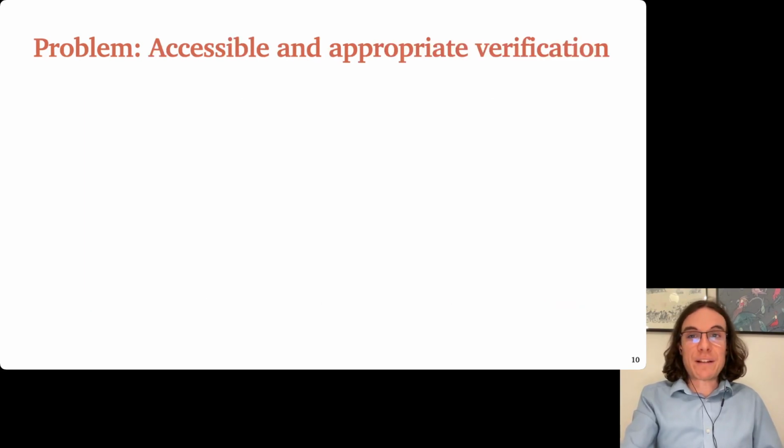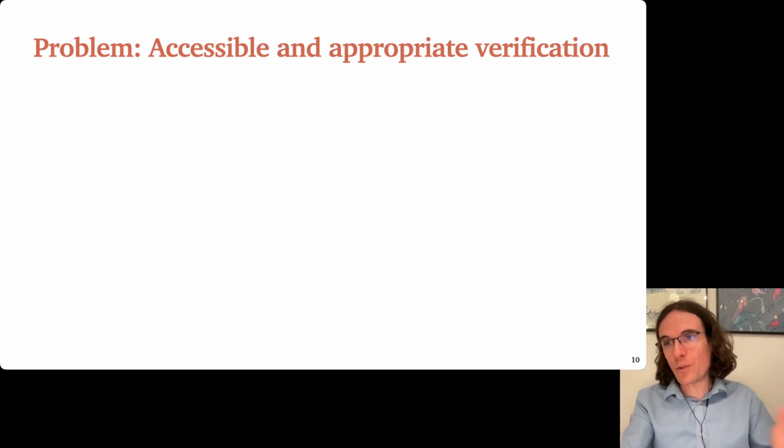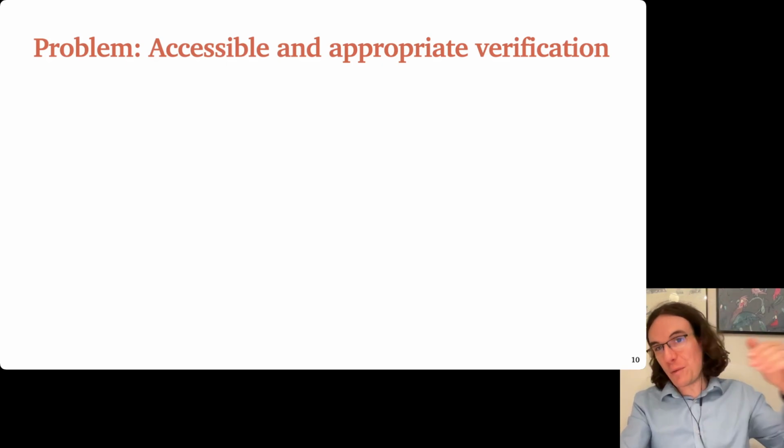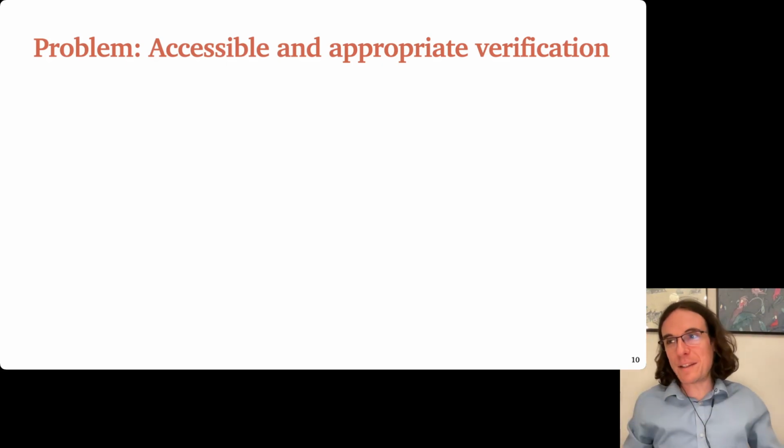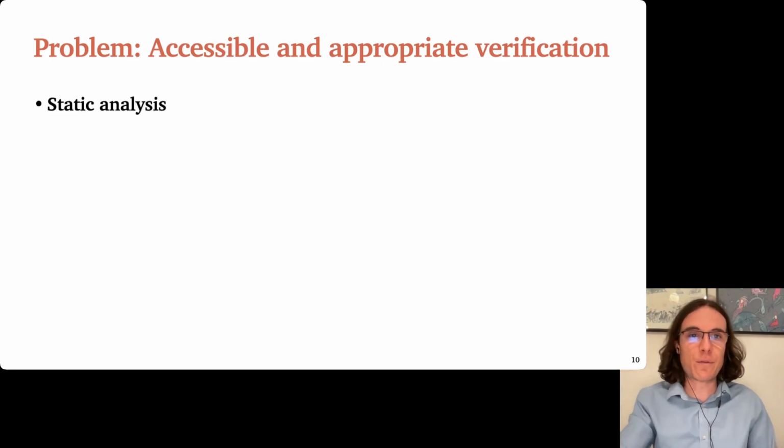Another problem is having verification tools that are accessible and appropriate to the domain that can help people ensure the correctness of the software. Now, that might not be full formal verification like we might see with SEL4 or CompCert, but gradual tools that help us squeeze out bugs, speed up development processes, reduce the amount of time to get something that works and have confidence in it going forwards.